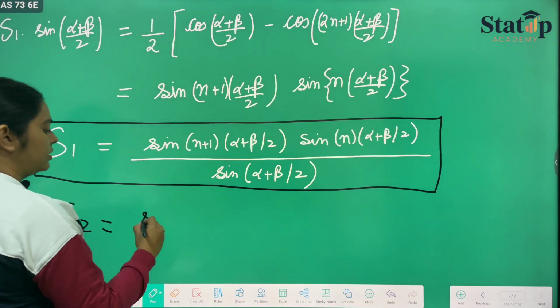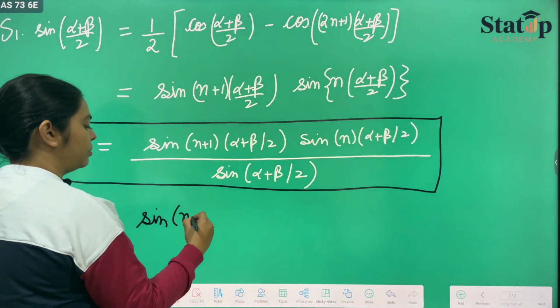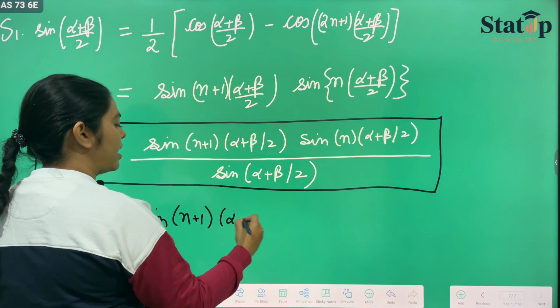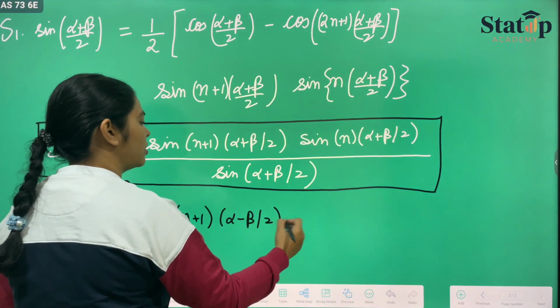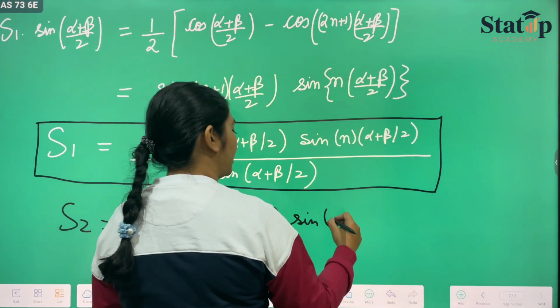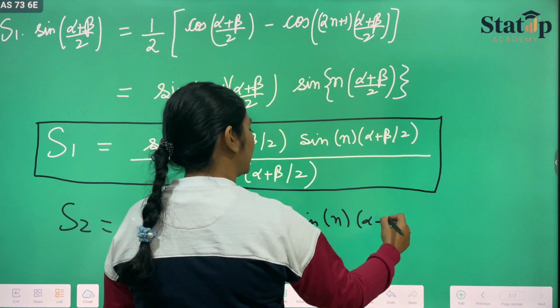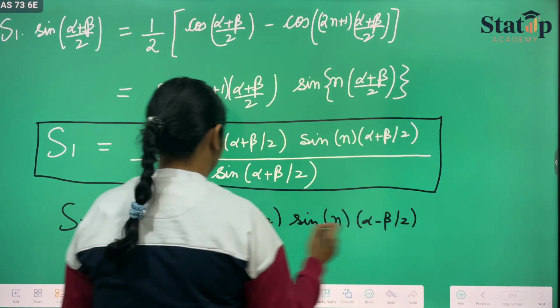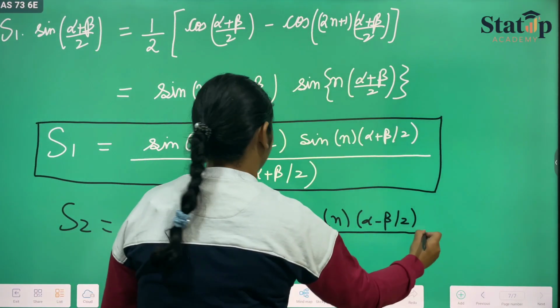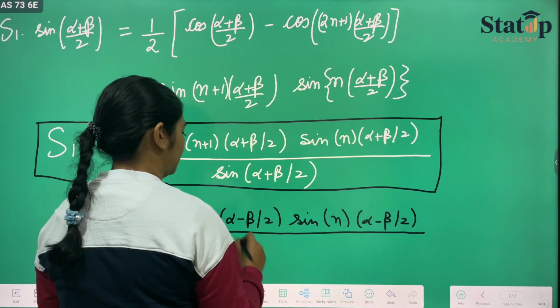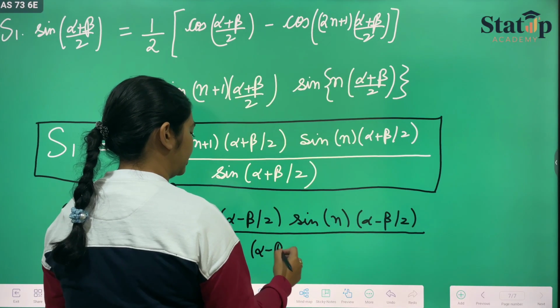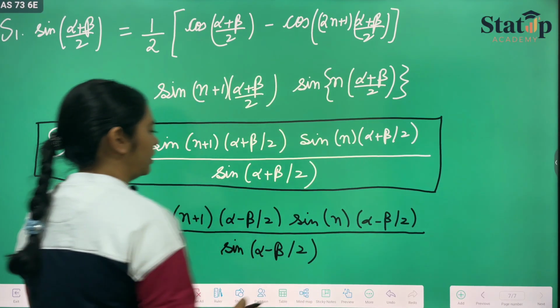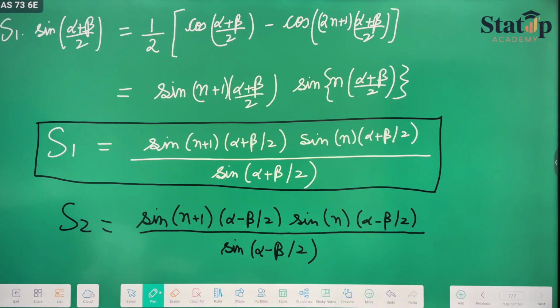So it would be sine (n plus 1)(alpha minus beta)/2 sine n (alpha minus beta)/2 upon sine (alpha minus beta)/2. So this is the value of S2. When we sum both of them, we'll get the value of our y_t.